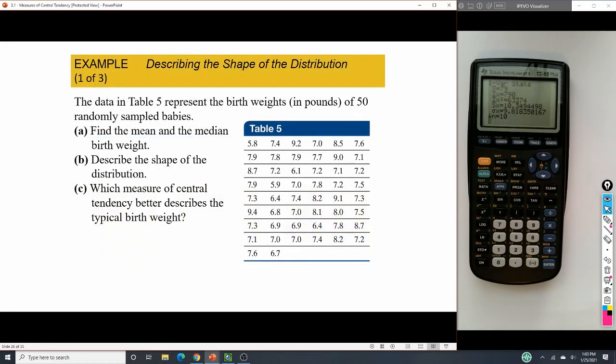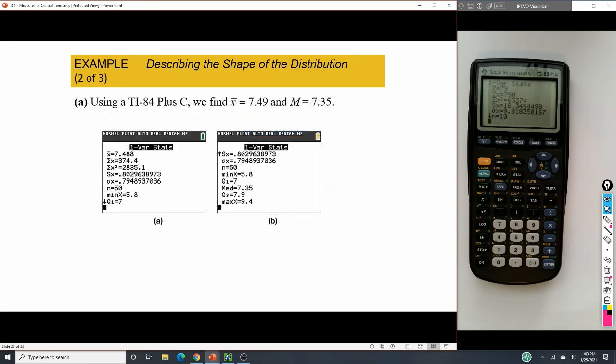All right, so here we can go through all those things. We can put that into our calculator. I'm not going to do all that. That's a lot of information, but we want to look at which one describes everything best here. So again, they show going in and finding those pieces when we're looking at them.